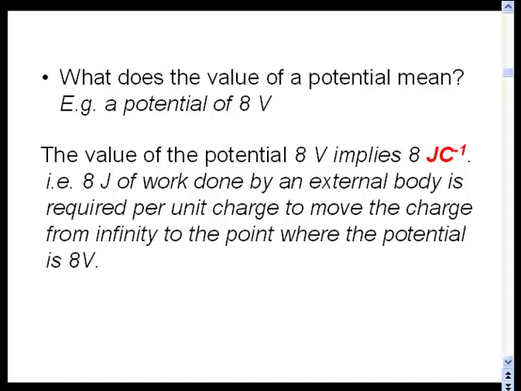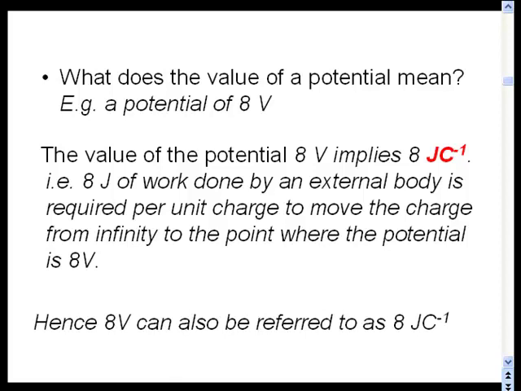That is, 8 joules of work done by an external body is required per unit charge to move the charge from infinity to the point where the potential is 8 volt. You have to do some work to move the charge. Hence, 8 volt can also be referred to as 8 joules per coulomb.